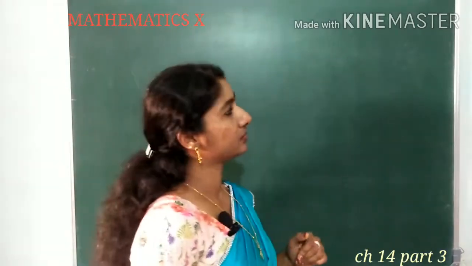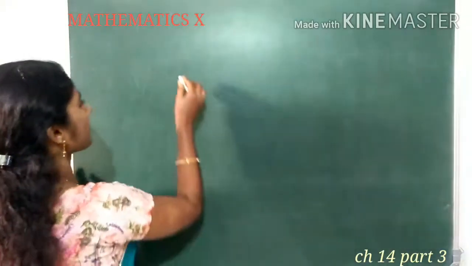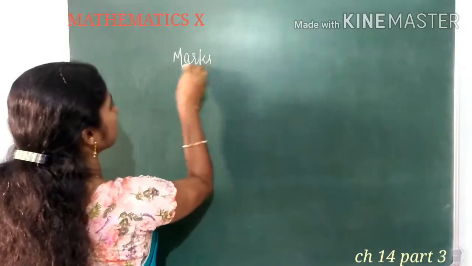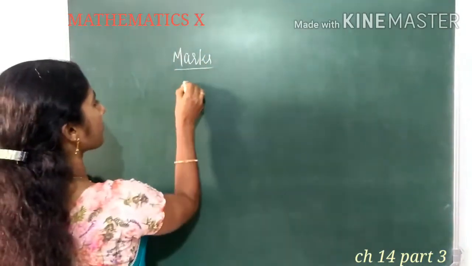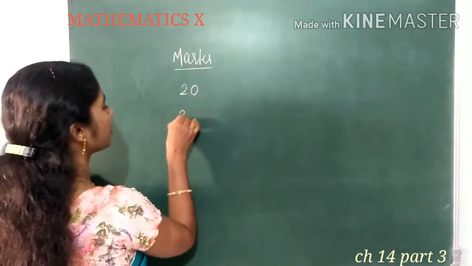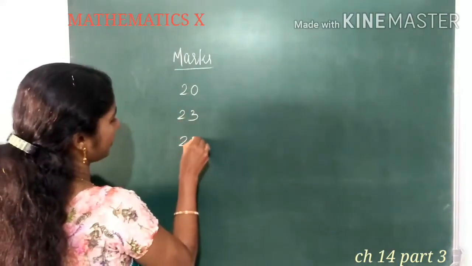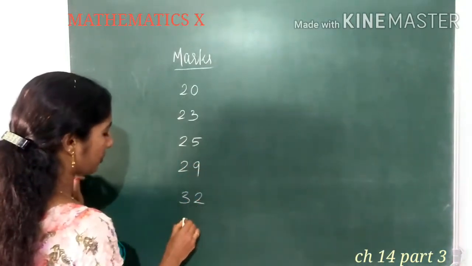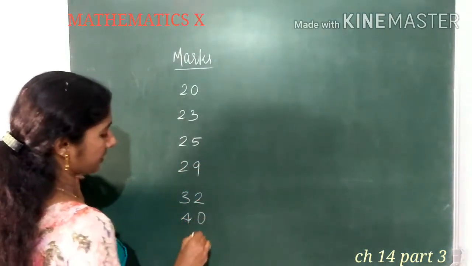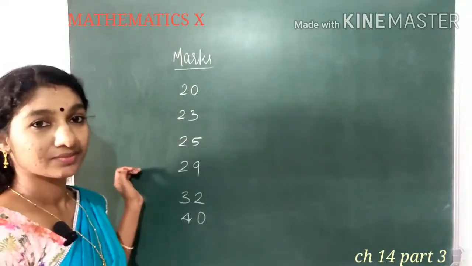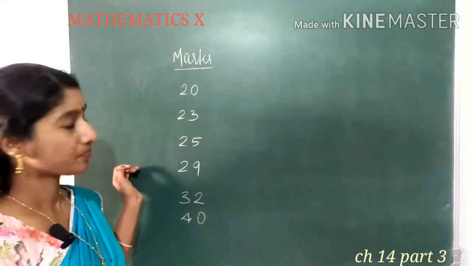So, an example for ungrouped data. Suppose we are collecting marks: 20 marks, 23 marks, 25 marks, 29 marks, 32 marks, 40 marks. Suppose these are the marks got by the students in the class.